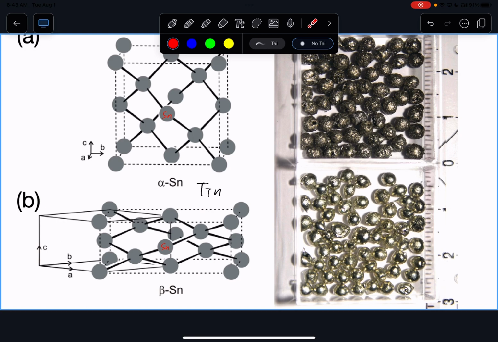So if you are studying the motion of these balls, if you just throw a piece of alpha tin, you can calculate the trajectory with projectile motion, and same for beta tin. So this is a phenomenon that is not related to the atoms' nature. If you are just looking at their motion, then you don't need quantum mechanics.